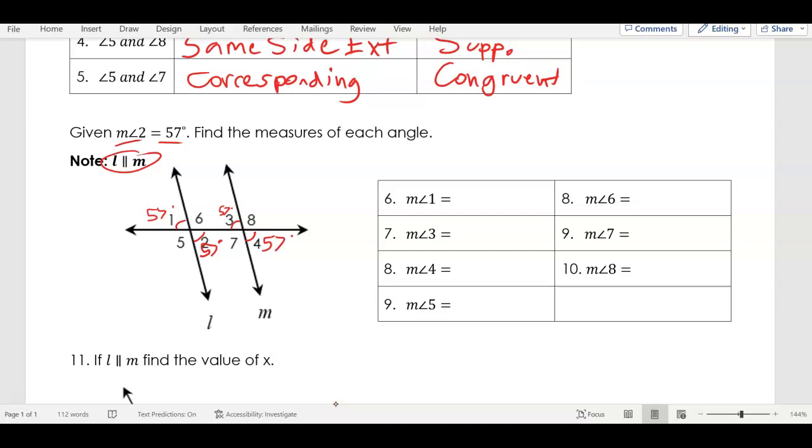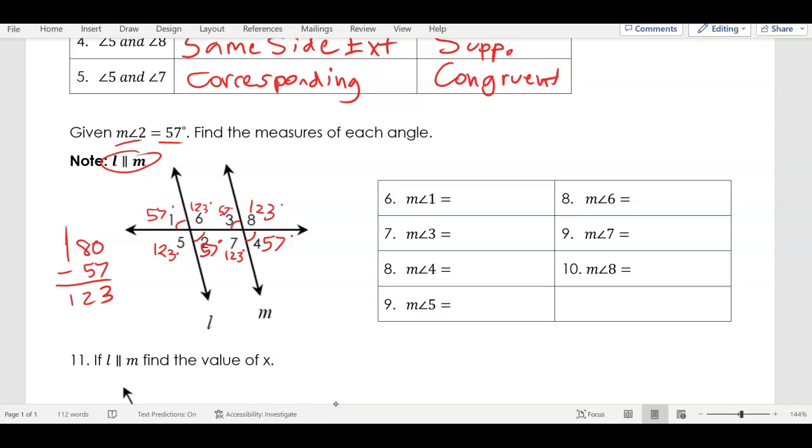Cool. And then I know the other four, 5, 6, 7, and 8, those obtuse angles. All I gotta do is find the supplement. Subtracting from 180 gives me 123. All right, so that means angle 5 is 123, angle 6 is 123, angle 7 is 123, angle 8 is 123.